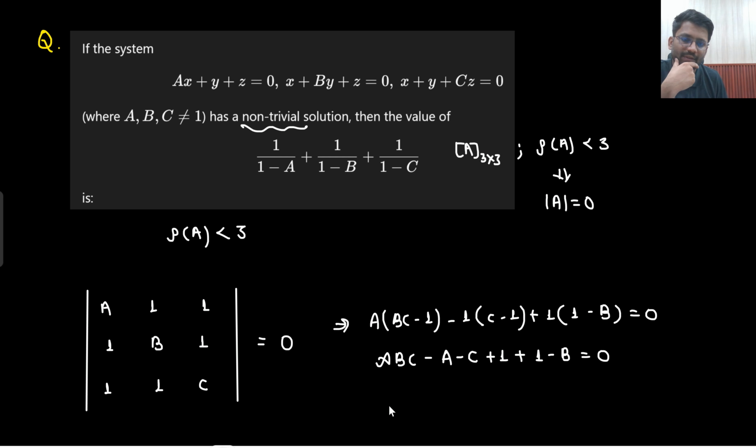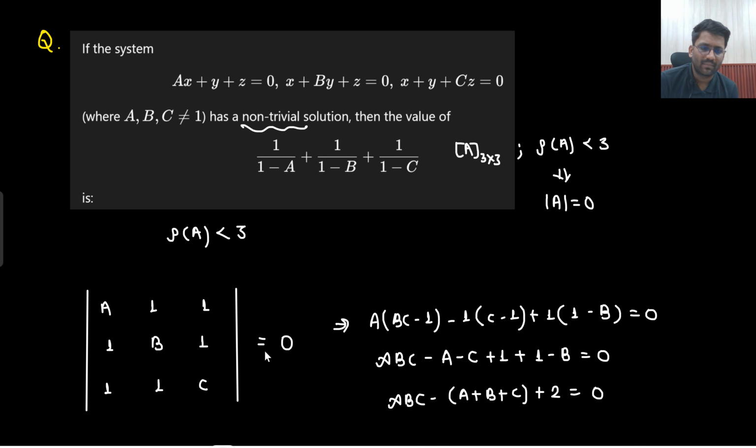Let me check the calculation. So abc minus a plus b plus c plus 2 equals to 0. You need to make this particular thing.